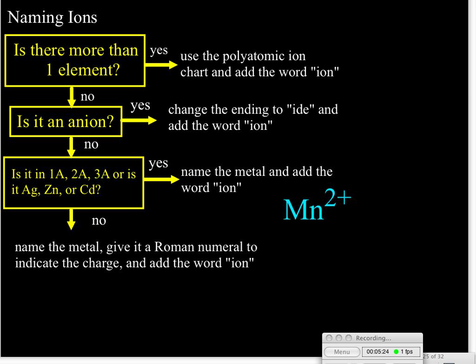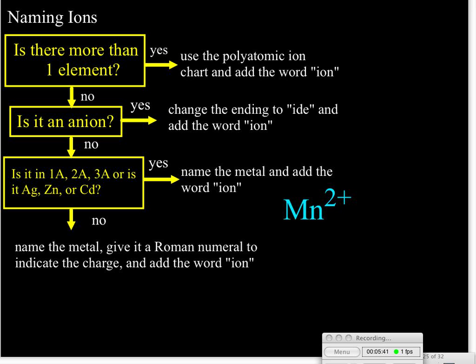And our final example, Mn2+. Again, we have only one element, so there's not more than one element. It's not an anion. It's not in 1A, 2A, or 3A, and it's not silver, zinc, or cadmium.